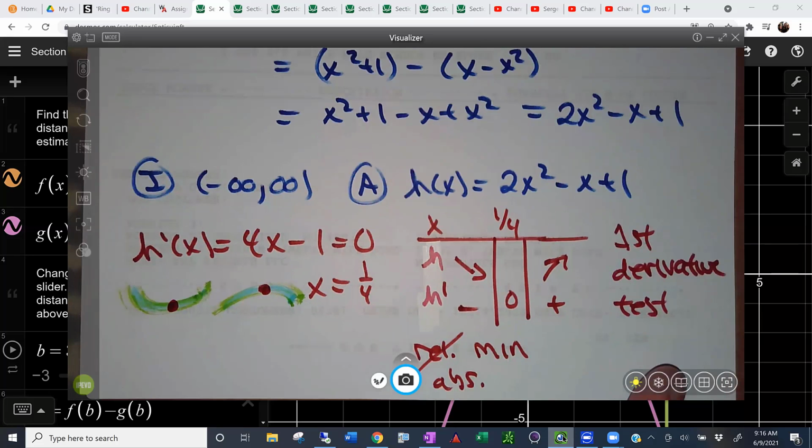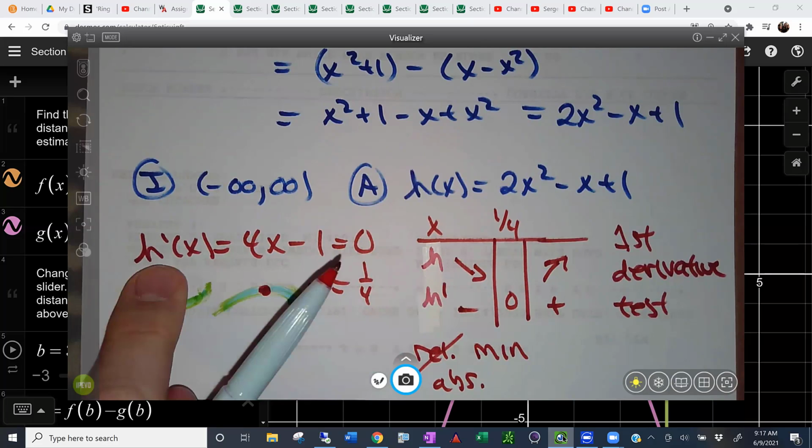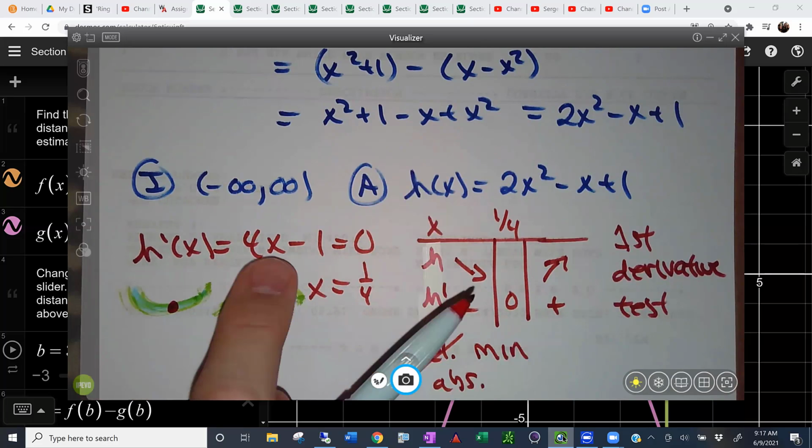So the second derivative test works this way. If you calculate the second derivative, let's do that. What's the second derivative of h? 4.